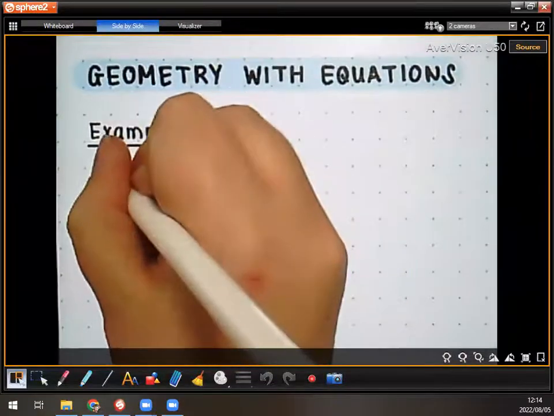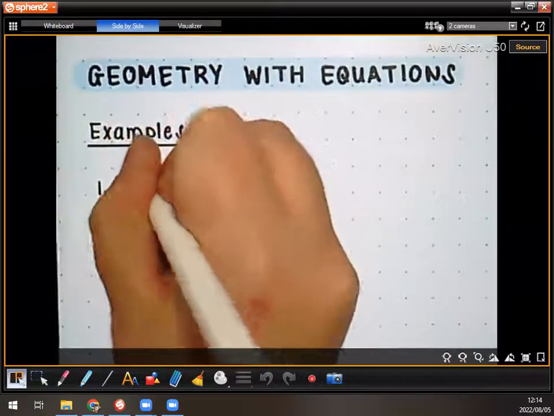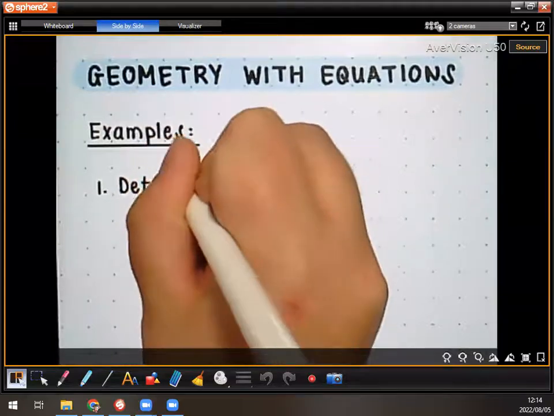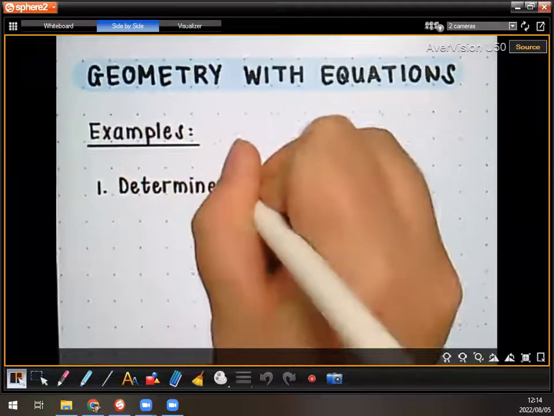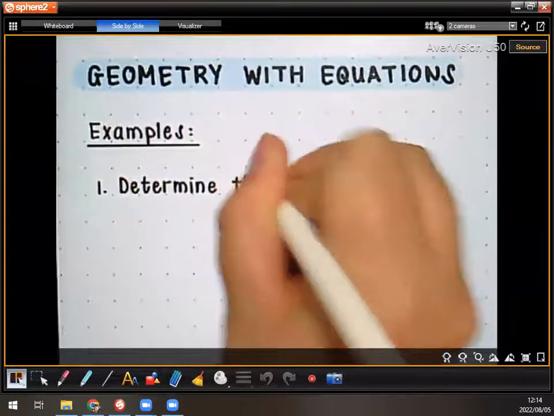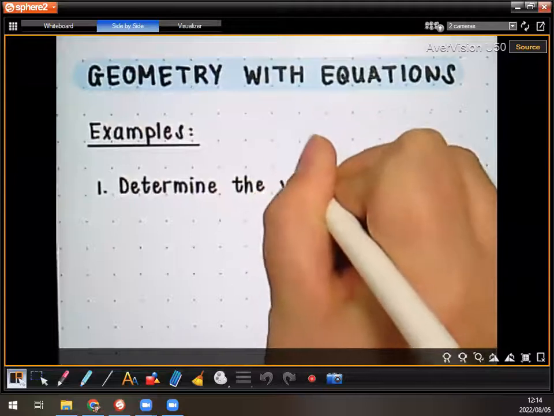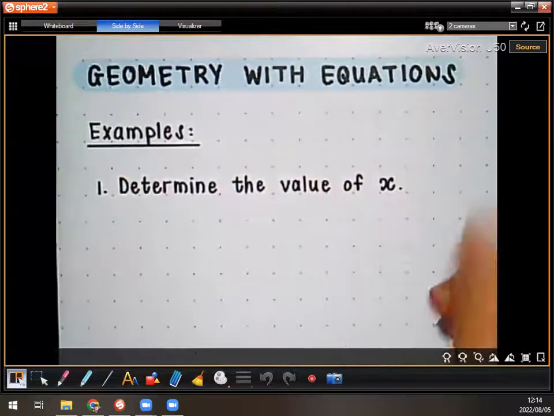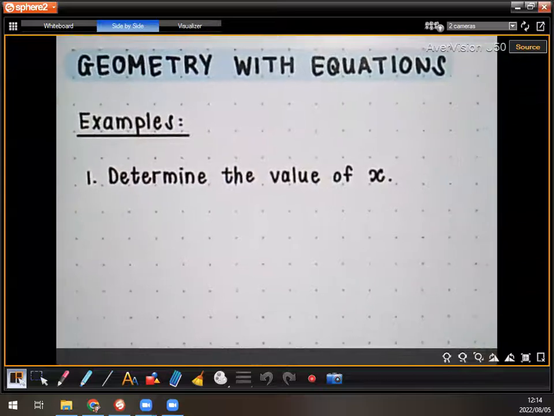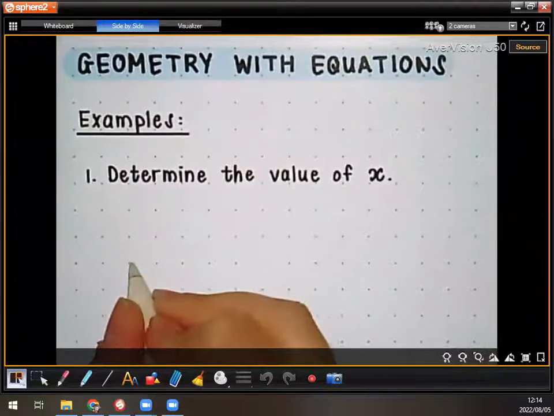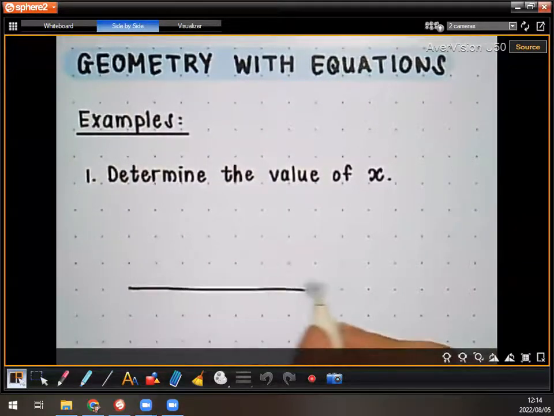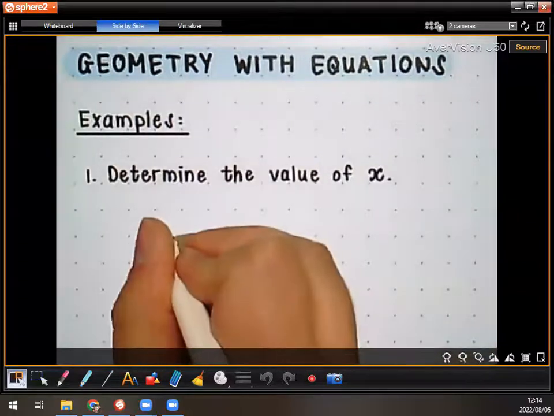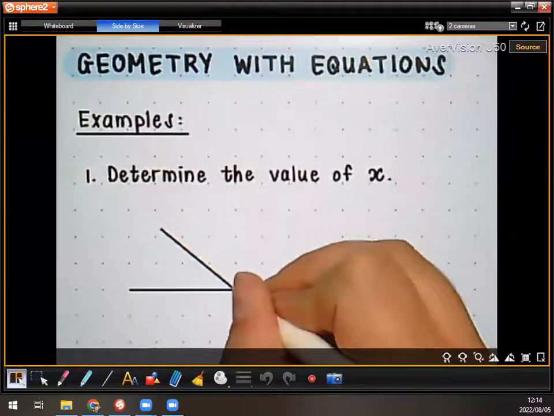Okay, so the first one, determine the value of x. And then we're going to draw a picture. It's not a very complicated picture. We just have a straight line. And this is now putting together all the geometry that we've done for this whole year, guys.